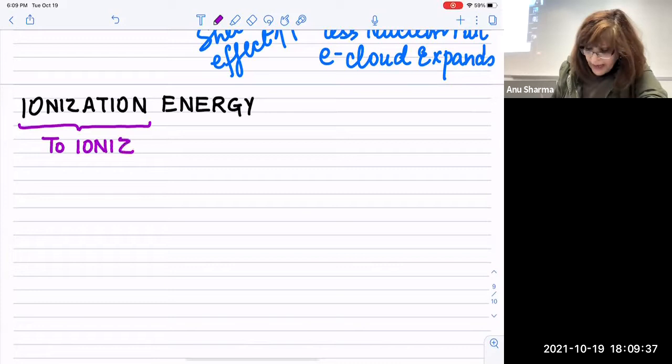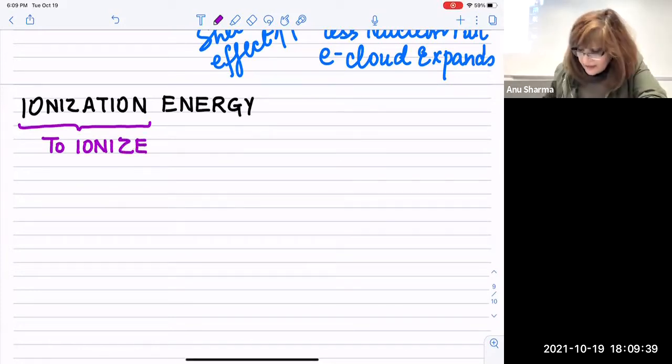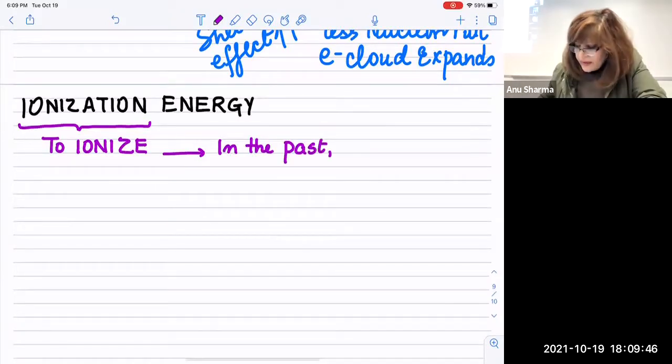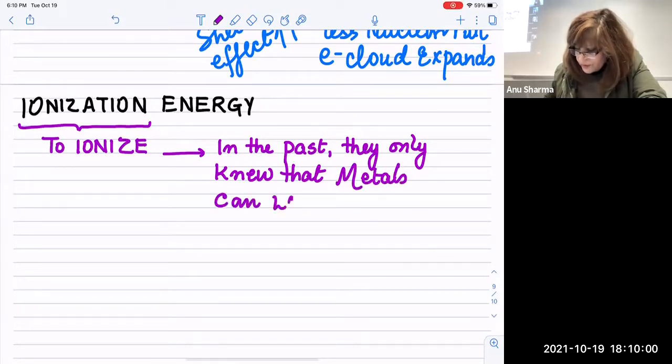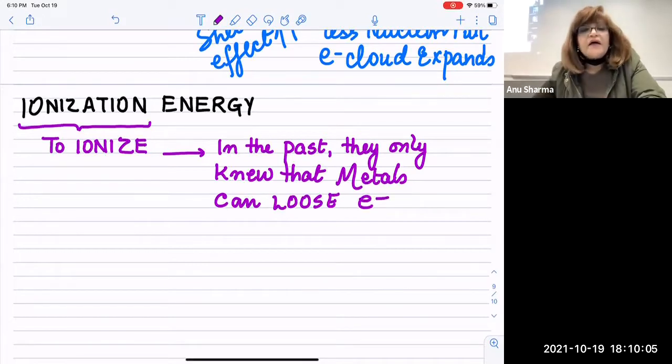So in the past, the scientists only knew that metals can lose electrons. So they thought that is ionization.